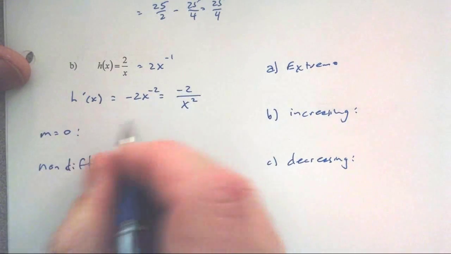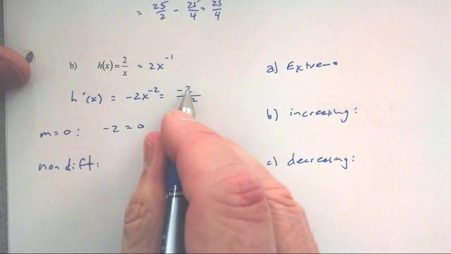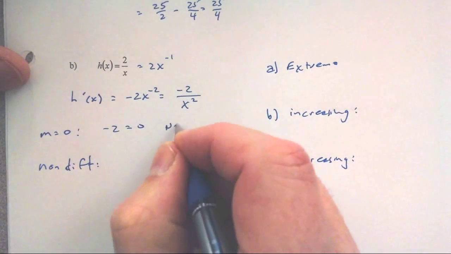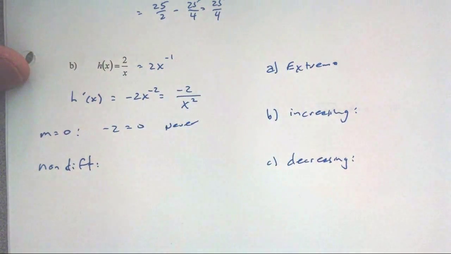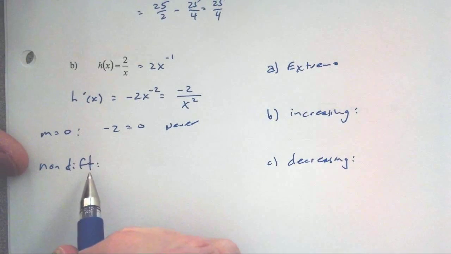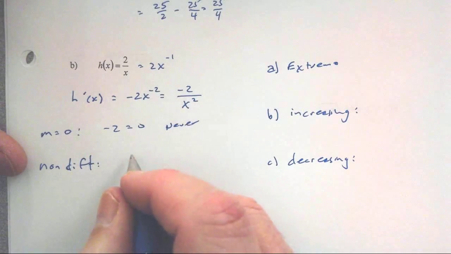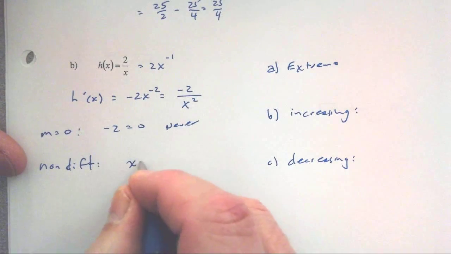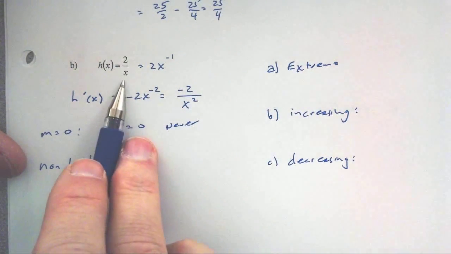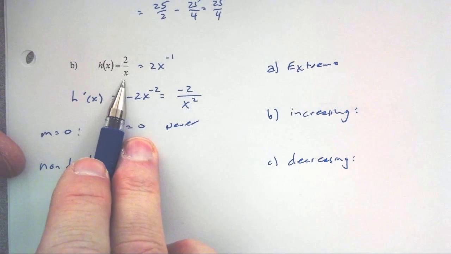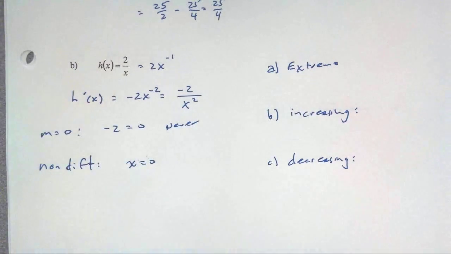Well, the slope is 0 when negative 2 equals 0. When the numerator is 0, never. And it's non-differentiable when x is 0. We can't divide by 0. But x equals 0 doesn't exist on this graph, so it doesn't give us a whole lot to go on.